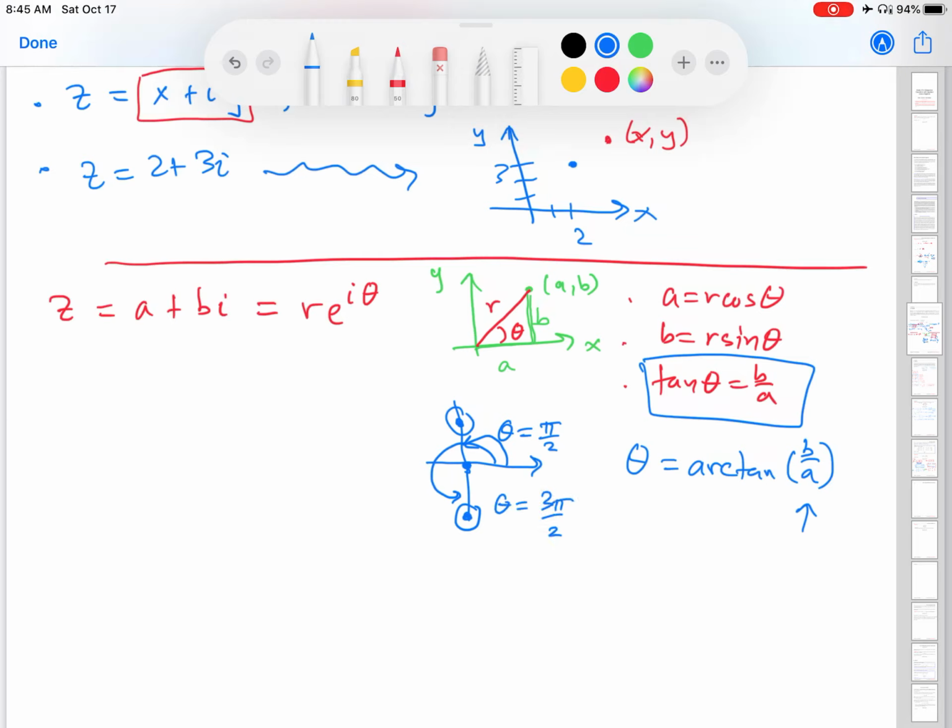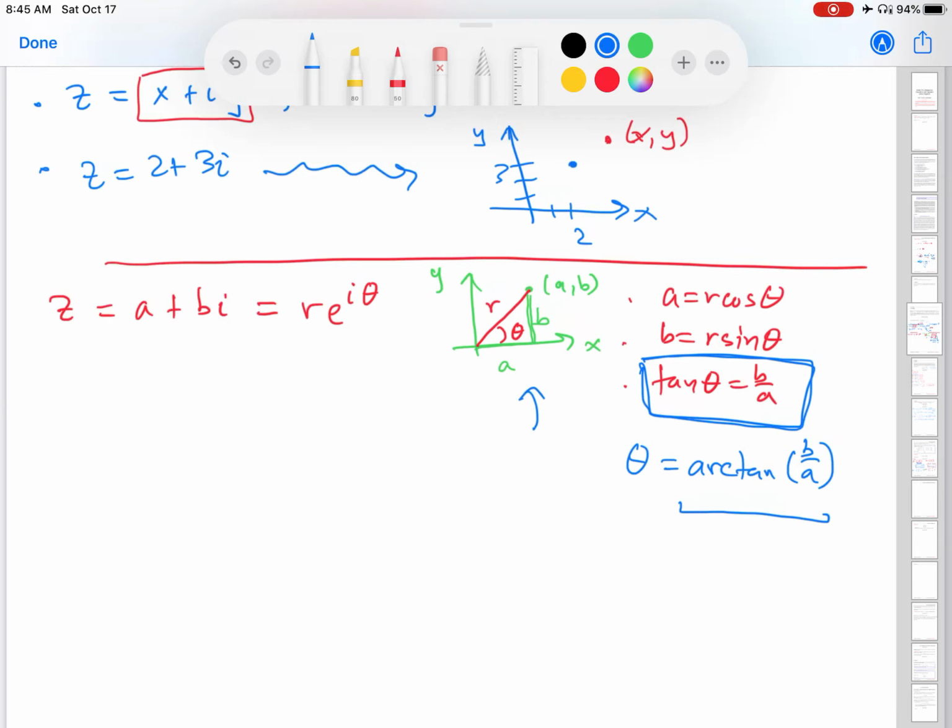Again, this formula that we derived is useful, but there are going to be instances where you'll have to use a little bit of your knowledge of the geometry of the situation. The second thing I'll mention is when you find values for arctangent, again, keep the quadrant in mind.